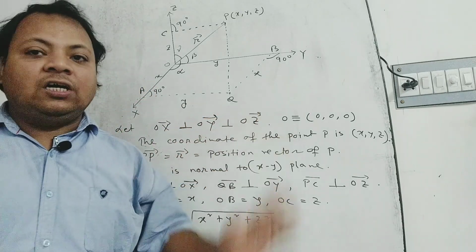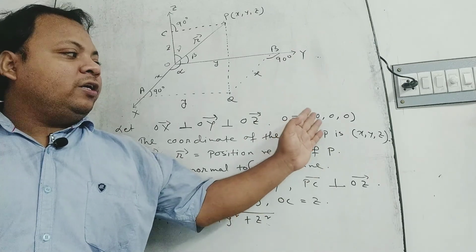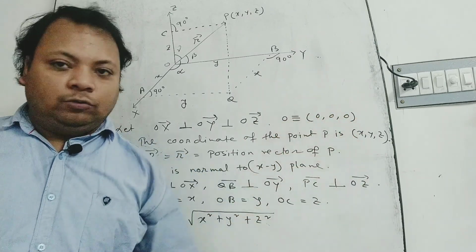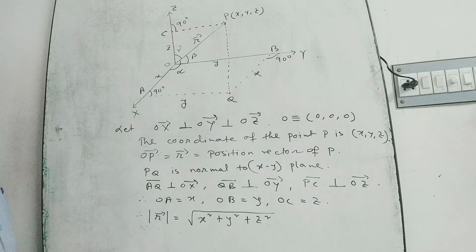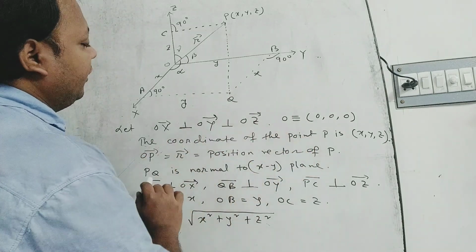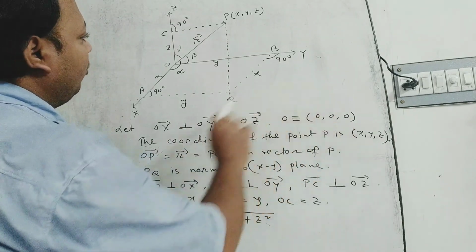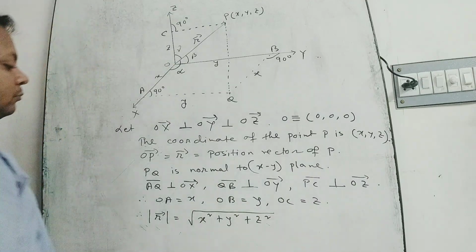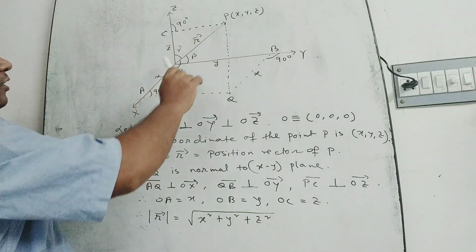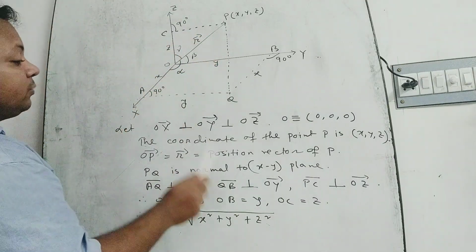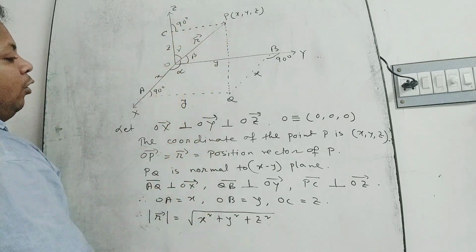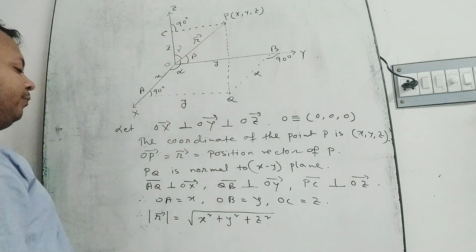Here O is the origin and its coordinate is 0, 0, 0. The coordinate of P is x, y, z. Here OP is equal to R vector, known as position vector of the point P.